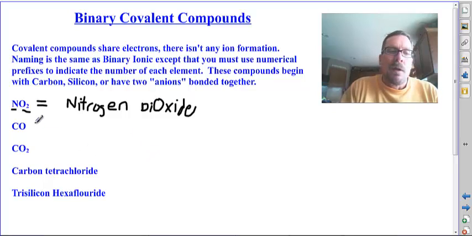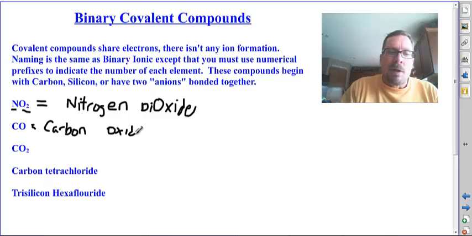Same here. Write the first element, which is carbon. The second element again is oxygen, or in this case oxide. It's all binary compounds and an ide ending. Then I look at the prefixes.